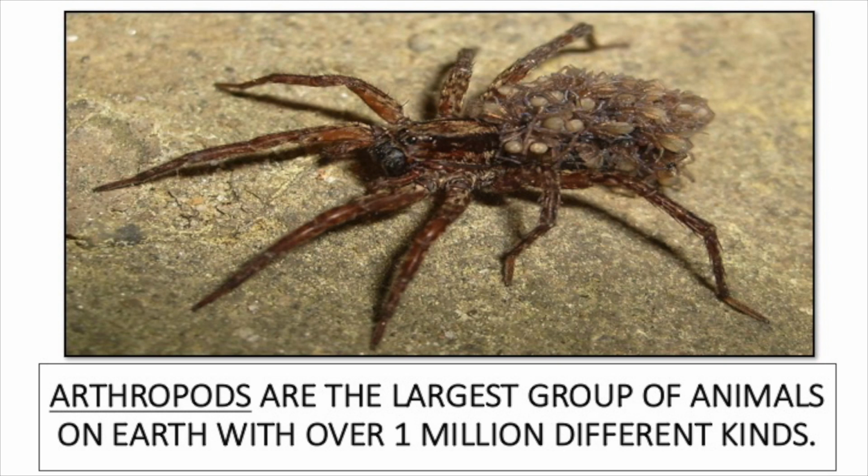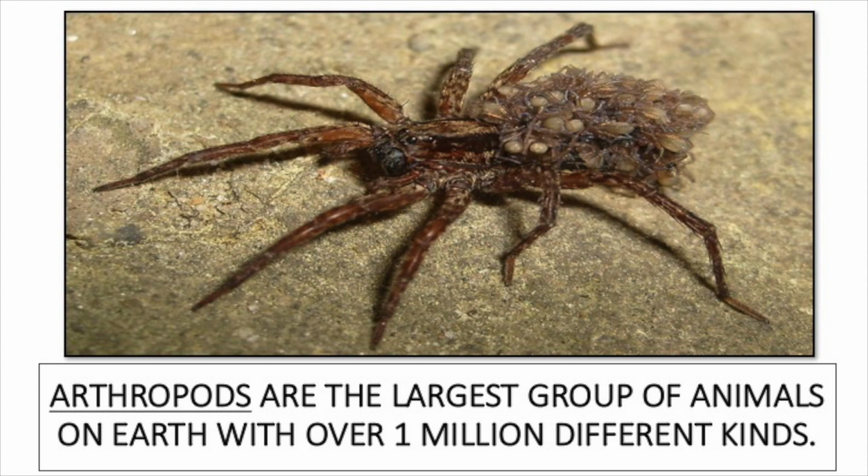Arthropods are the largest group of animals on Earth, with over 1 million different kinds. Can you believe? Arthropods, there's over 1 million different kinds.